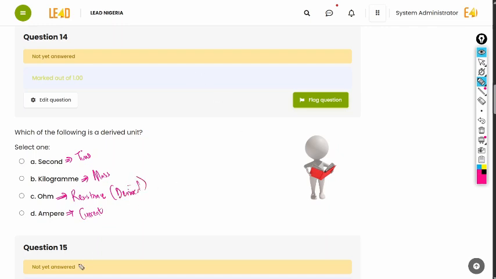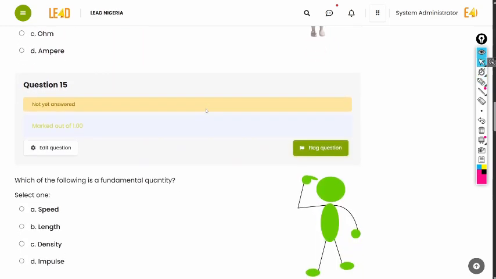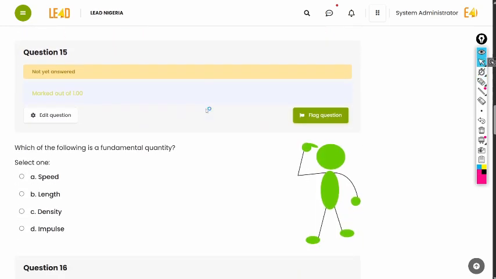So you need to learn your fundamental units. There are about 8 of them, and you need to learn all of them so that you know what is not a fundamental unit. That's what a derived unit is. So you need to memorize and master your fundamental units.